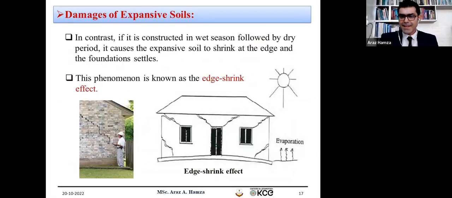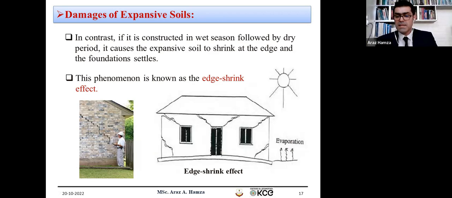In contrast, if the project is constructed in the wet season, the land has already swelled. We put our project on it, and the dry season follows. When the dry season comes, because of the evaporation process, the water inside the expansive soil comes out and settlement will occur. This phenomenon is known as the shrink effect.